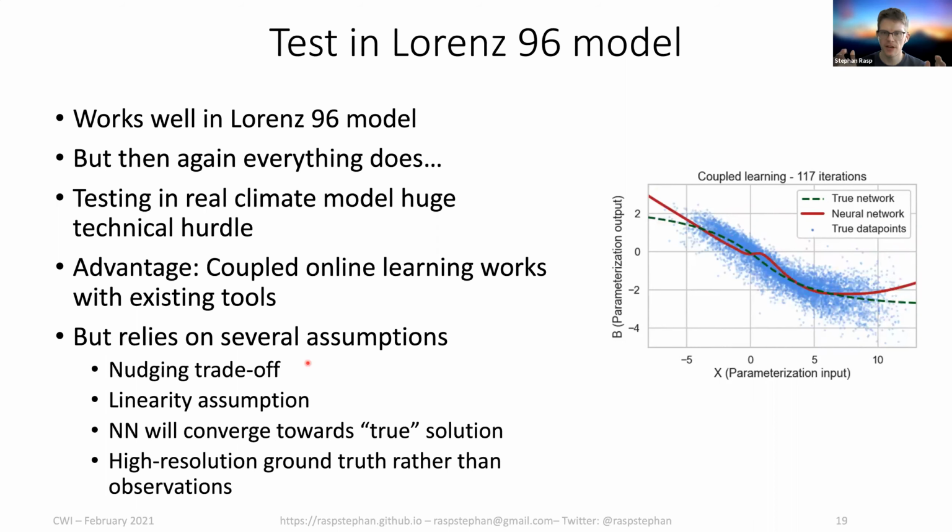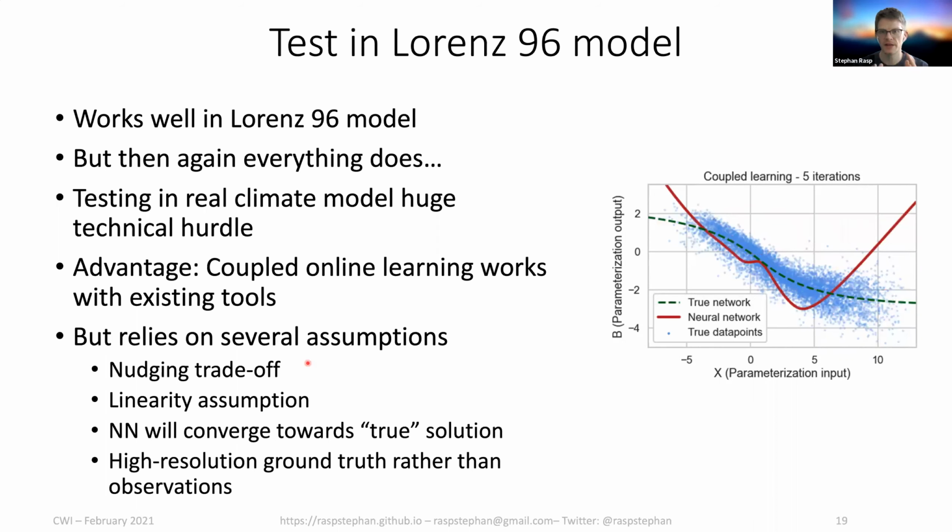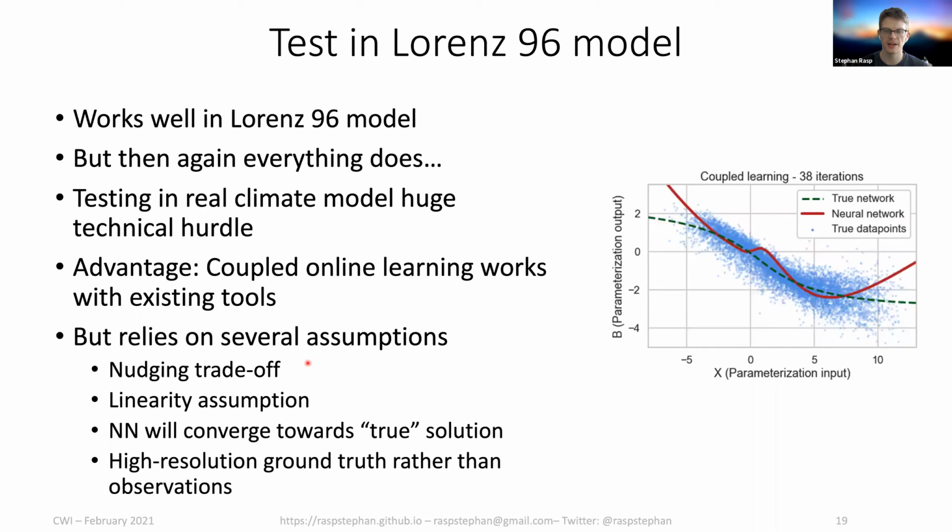You can't nudge the high resolution model too much, because then you basically will throw it off its attractor the entire time. It'll do completely crazy things or crash. But if you nudge too little, then your simulations won't be coupled closely enough, and you might not actually learn what you want to learn. So there's a trade-off here. There's a linearity assumption with adding the nudging term that might not be perfectly true.